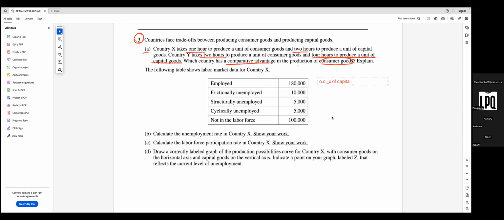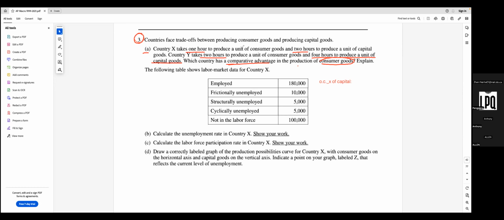one more unit of capital goods, you need to sacrifice... You need to sacrifice what? So in order to produce one consumer good, you need to sacrifice how many units of capital goods? How you consider this question is, if you don't use the first number here, like 1 hour to produce consumer goods, what else can you do?